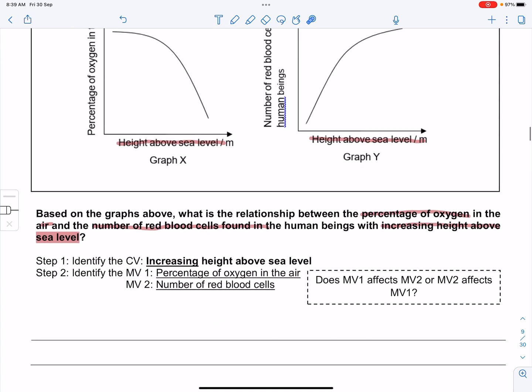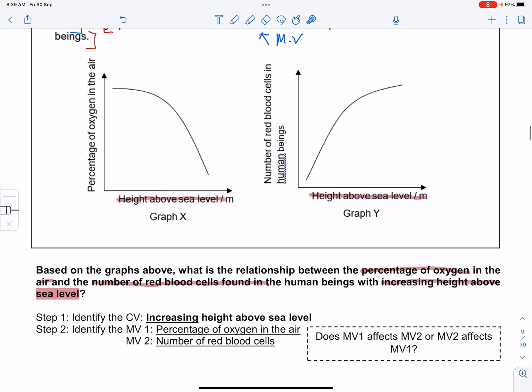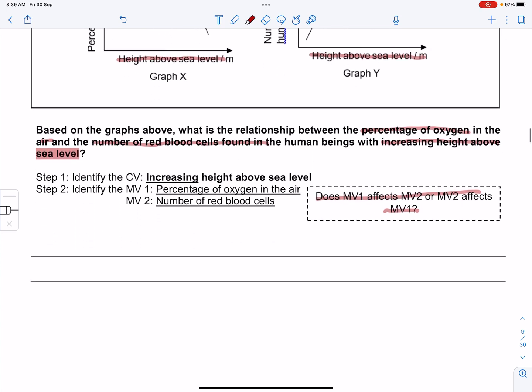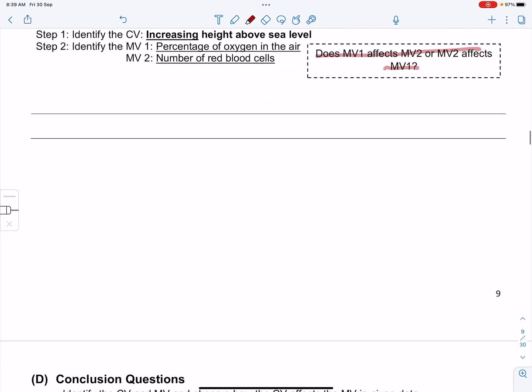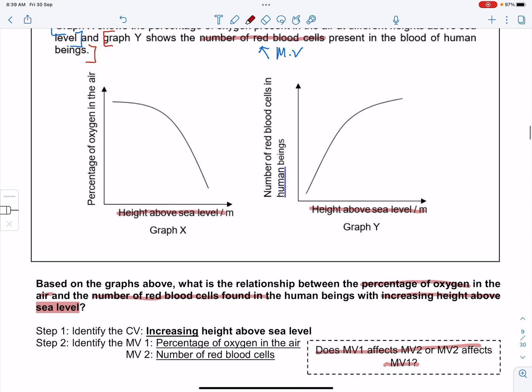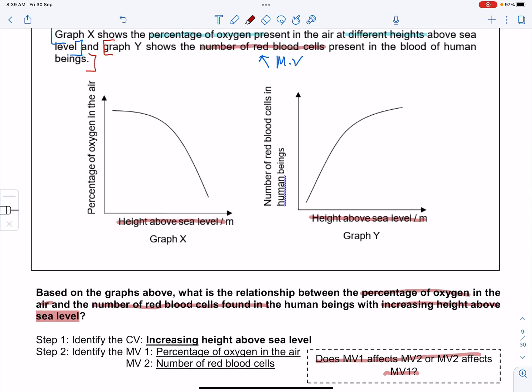Okay, now the next question here is to ask ourselves. This is the main key thing. Does your measured variable 1 affect measured variable 2, or is it the other way around? Cause and effect. Okay, so how do you know this? This is where you need to ask yourself, your theory comes in, right?